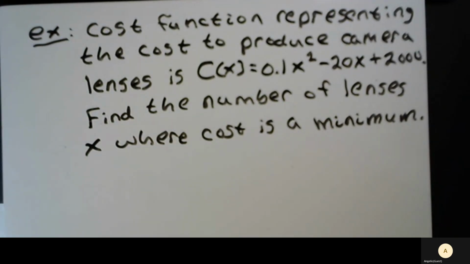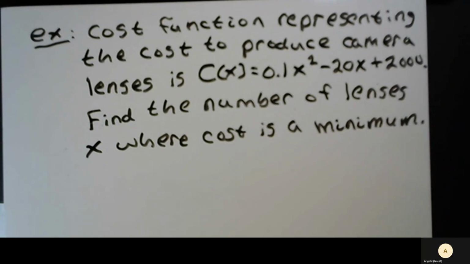So a cost function, you're trying to figure out what the costs are for your manufacturing. There's a lot of things that go into cost. You have what are called fixed costs and what are called variable costs. Fixed costs are costs you're going to have even if you don't make anything.